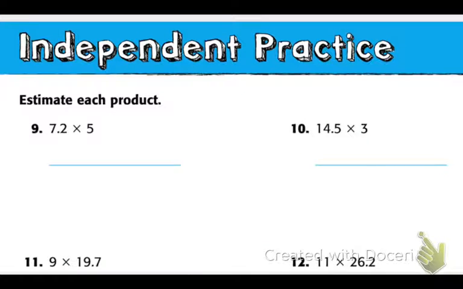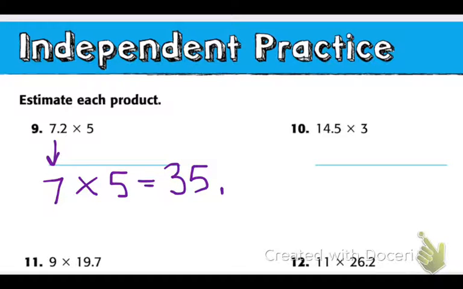All right, Bobcats, we're going to continue to estimate, not looking for the accurate answer. Well, this is close to 7, and I can do 7 times 5, that's 35. So the accurate answer is about 35. Okay, and I'm going to change the 14 and 50 cents, or 14 and 5/10, is pretty close to 15. And I know that 15 times 3, well, that's 45.